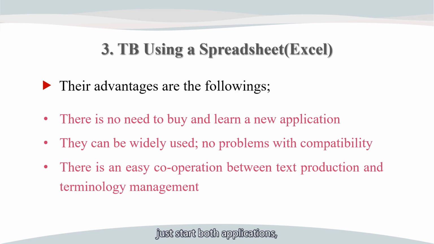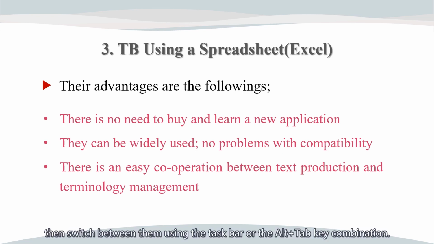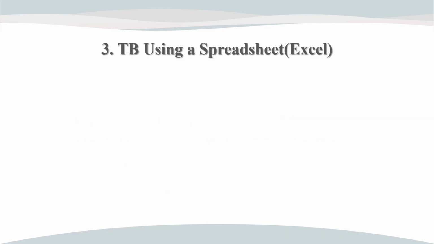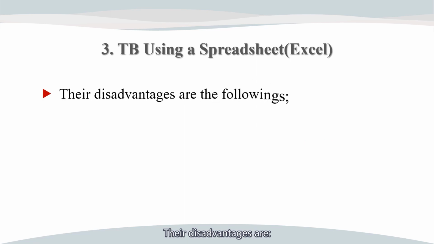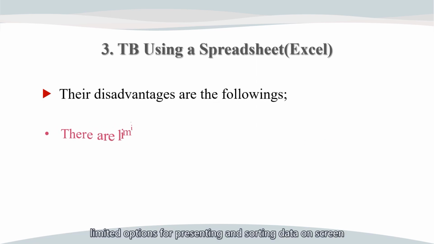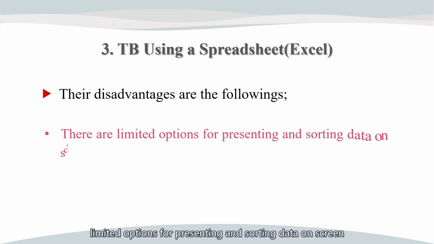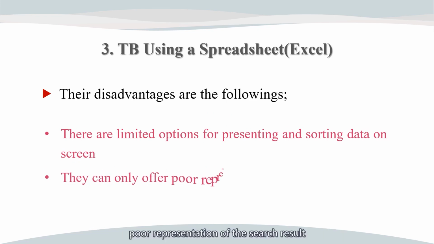Just start both applications, then switch between them using the taskbar or the shortcut key combination Alt plus Tab. Their disadvantages are limited options for presenting and sorting data on screen, and poor representation of the search result.